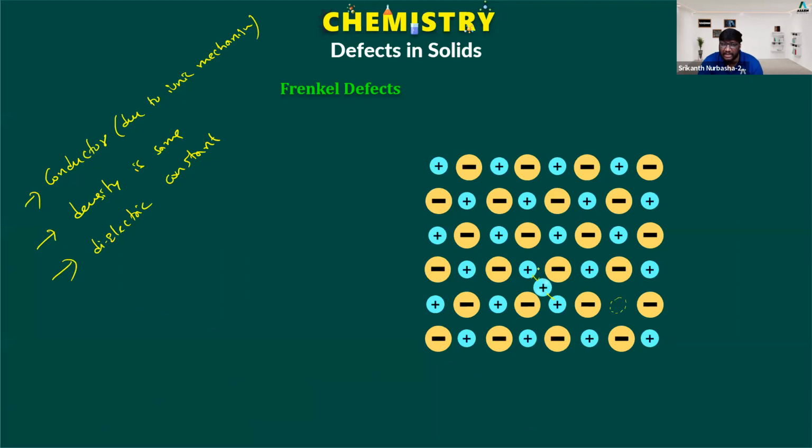Here the same type of ions, whenever they are closer, the dielectric constant will increase. The dielectric constant of the crystal increases. And a higher dielectric constant means rapid dissociation if we talk in terms of electrolytes. With higher dielectric constant, the dissociation of the electrolyte into ions will be high.